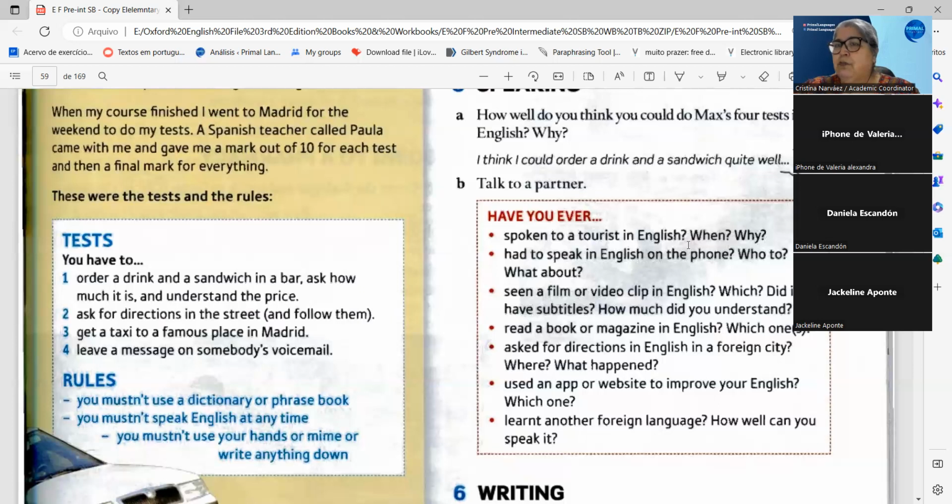Ahí ya estoy utilizando el past simple. When did you go there? I went there in 2021, por ejemplo. ¿Ok? Entonces, el present perfect es como para más cosas en general que alguna vez acontecieron. ¿Ok? Present simple para cosas más determinadas. ¿Ok? Okay. Right.